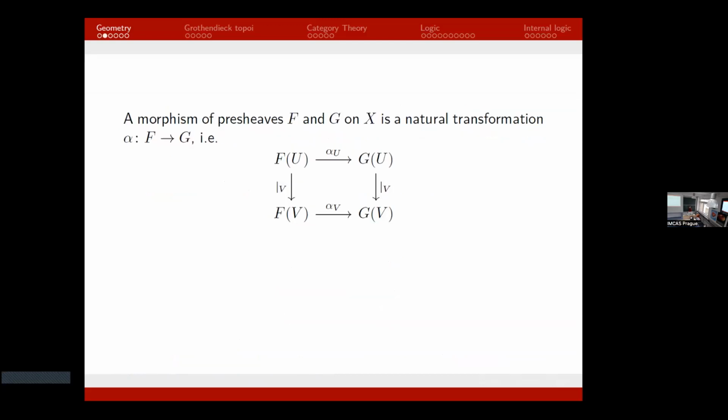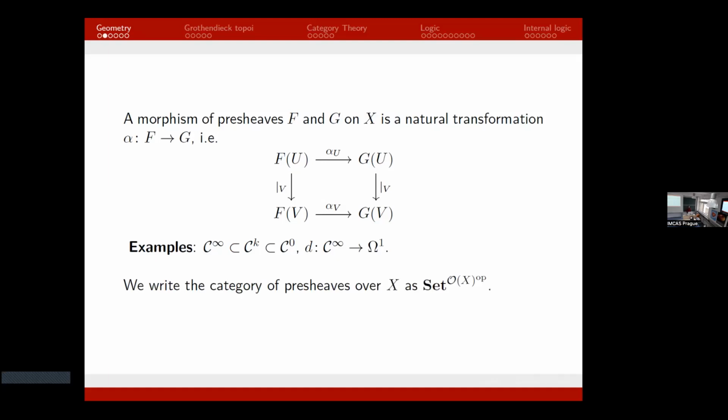Okay. And of course, we take as morphisms from a presheaf F to a presheaf G natural transformations. So for every object U, we have a function such that it commutes with restrictions, the usual. Examples are the inclusion maps between the analytical spaces and the differential, for instance, between the C-infinity functions and the first degree of the de Rham complex.